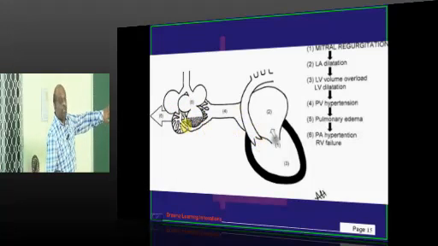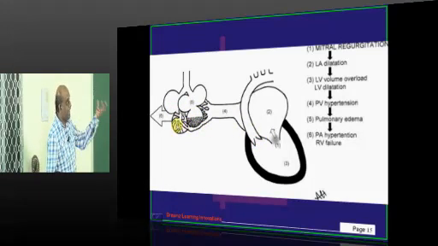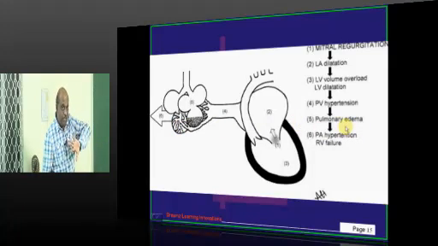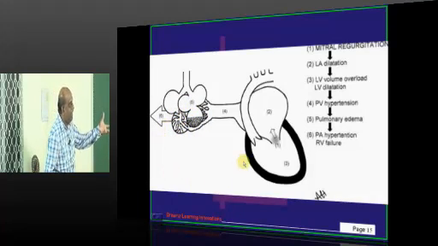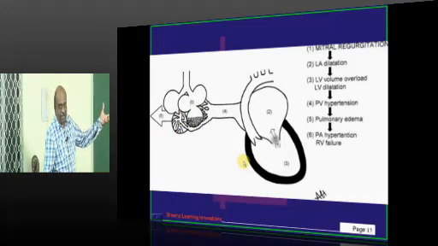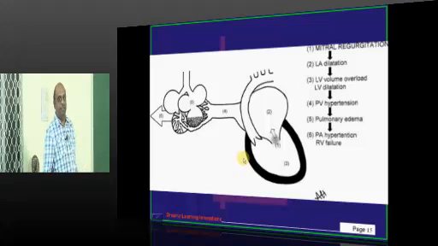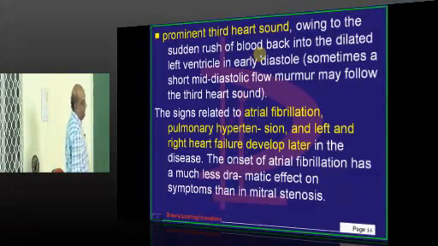If there is an acute rise of pulmonary venous pressure, it can in fact lead to pulmonary edema. But pulmonary edema is a feature only of acute MR, not chronic MR. Ultimately, pulmonary arterial hypertension can develop and that can affect the right ventricle and lead to right ventricular failure, is what you need to remember.